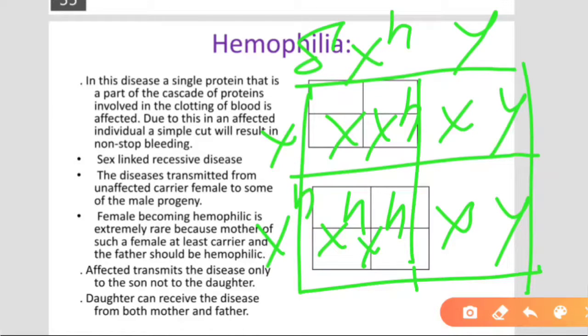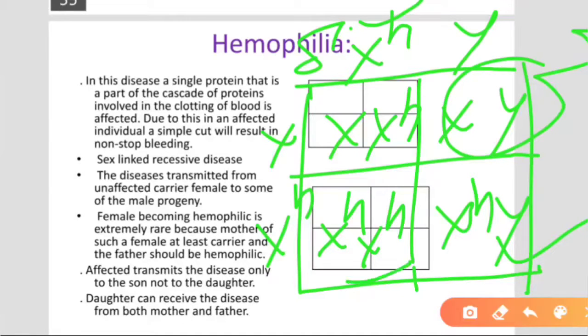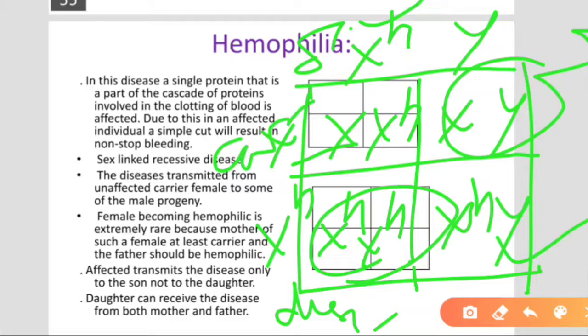In this case, the male is affected and the female is a carrier. Then you can see this is the normal son, this is the affected son, this female is affected, diseased, and this female is a carrier, right? Such recessive sex-linked disease can be carried from one generation to the next generation.